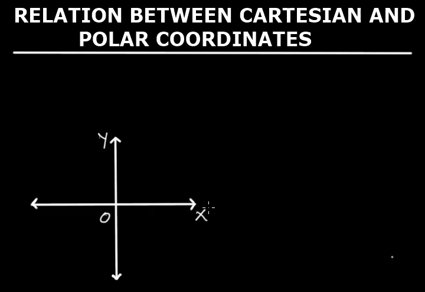In that system, we can consider a point P with coordinate r, theta with respect to the polar coordinate system, and this point can also be represented by x, y in the Cartesian coordinate system.